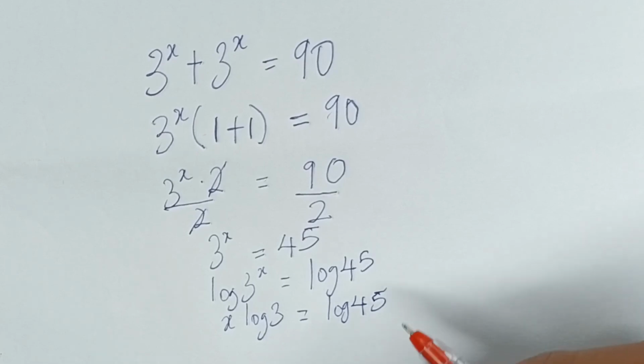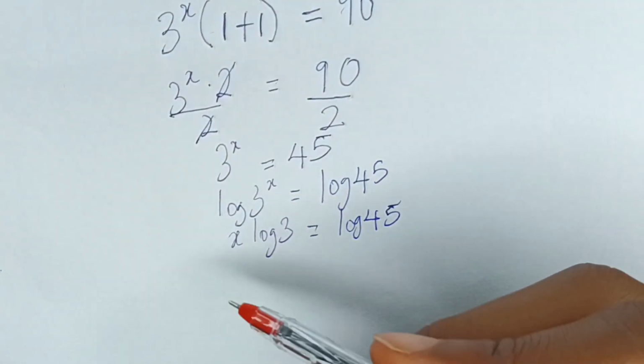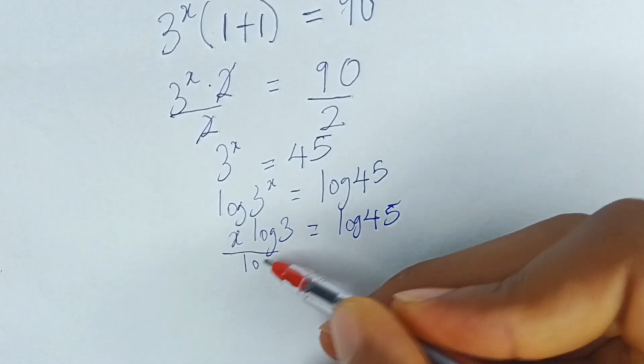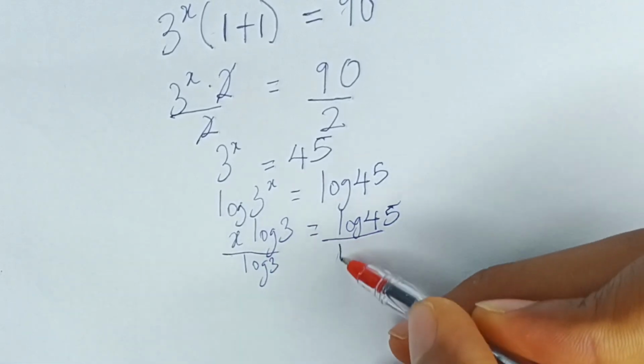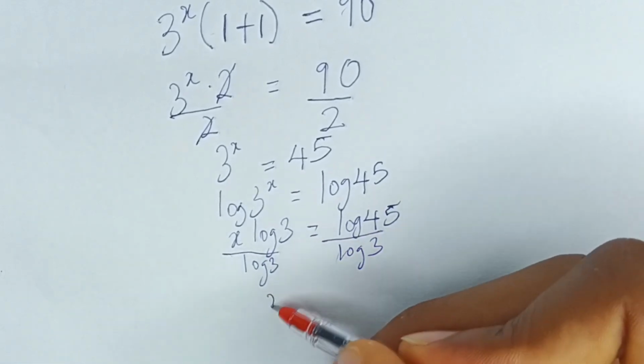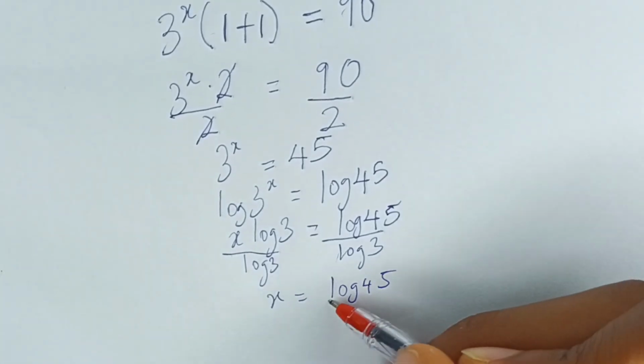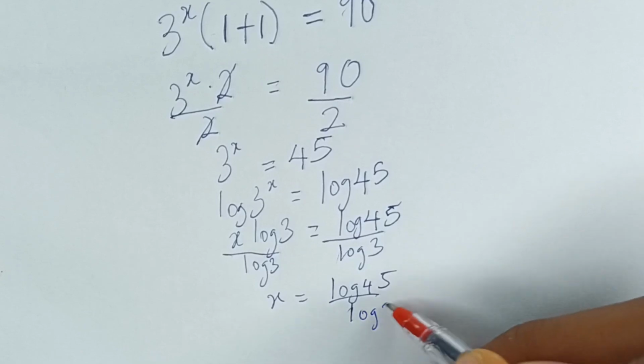Okay? Now, from here you can see that if you divide both sides by log of 3, we have that x becomes equal to log of 45 divided by log of 3.